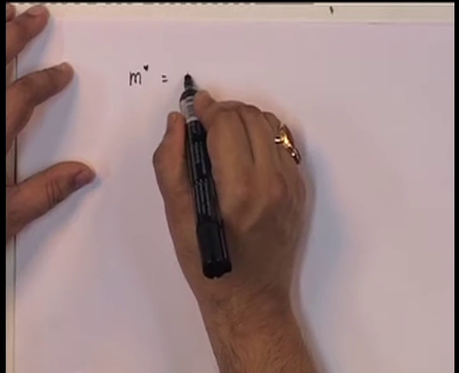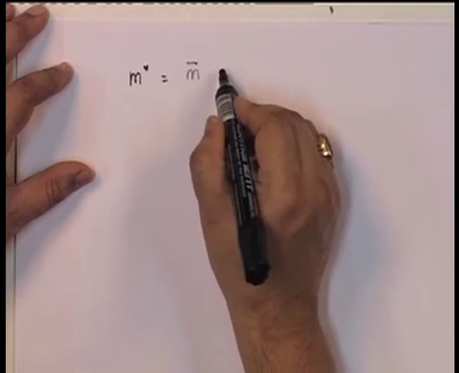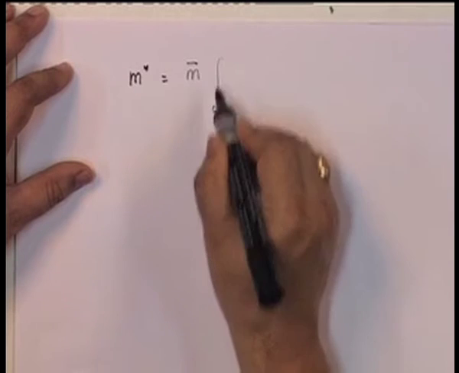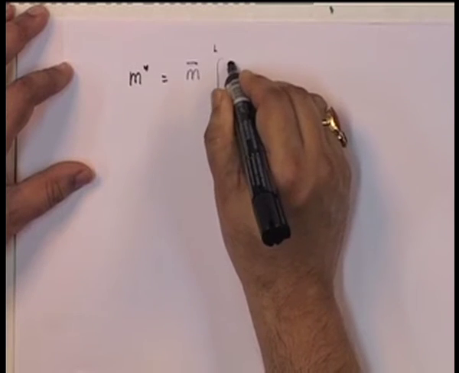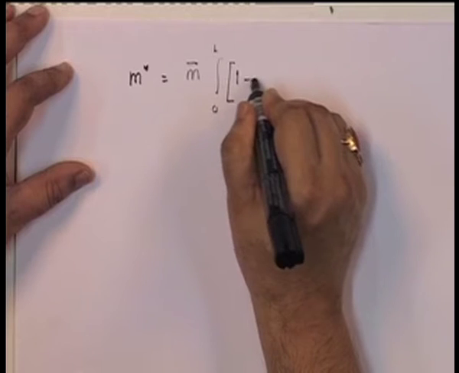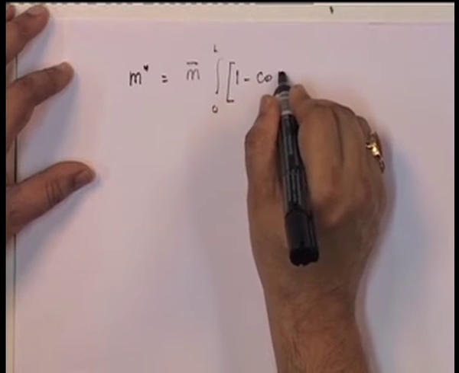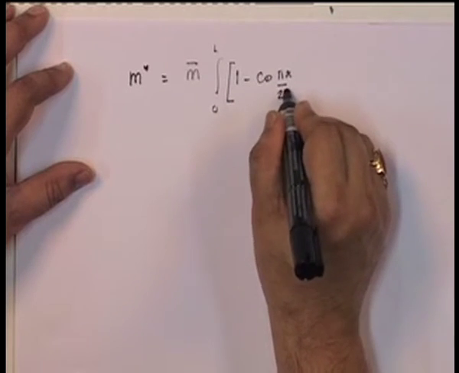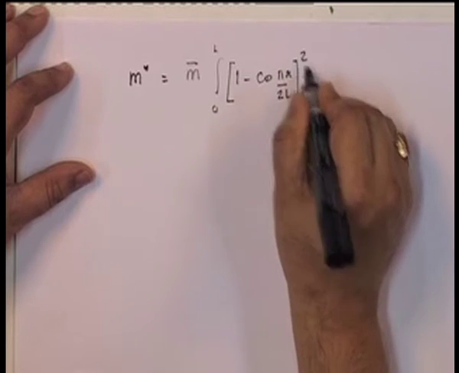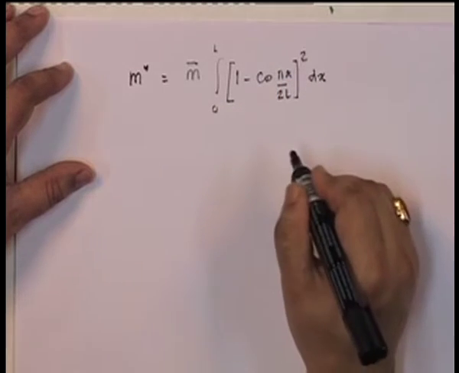So, now m bar comes outside because it is a constant, integral from 0 to L of 1 minus cosine pi x upon 2L, whole squared, dx.